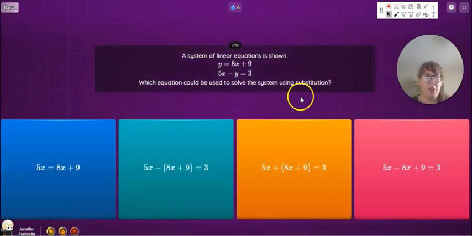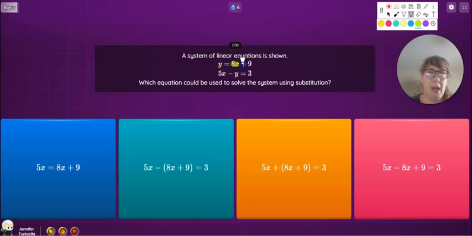A system of equations is shown. What is the equation that could be used to solve the system? Again, we already have y solved for. It equals 8x plus 9. Let's take that expression and plug it in to our second equation.